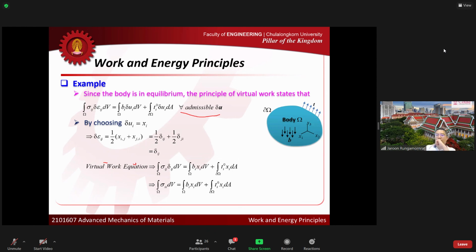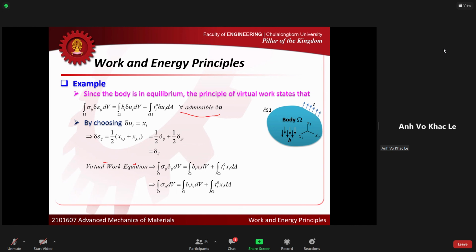Okay, why don't you try to do it this way? Look at the equation that you want to prove, and come up with the choice of delta ui. Be careful about the index. That's the only thing I can tell you here. I cannot tell you the choice, because whenever I tell you the choice, you just plug it in and you're done. Okay, is that okay, Anne?